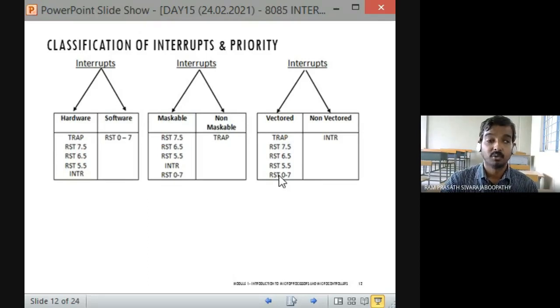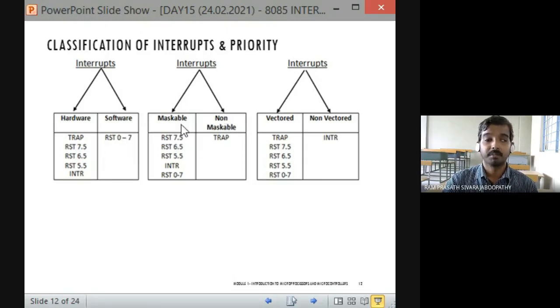So, in conclusion, based upon hardware and software we have 2 classifications. Hardware interrupts are trap, RST 7.5, 6.5, 5.5 and INTR. Through software also we can create interrupts, which we call software interrupts, RST 0 to RST 7.